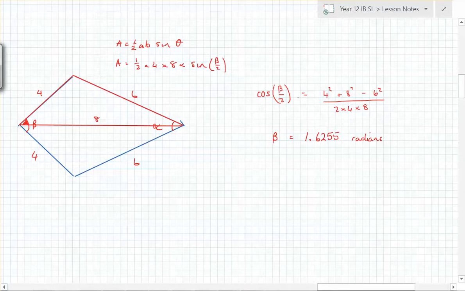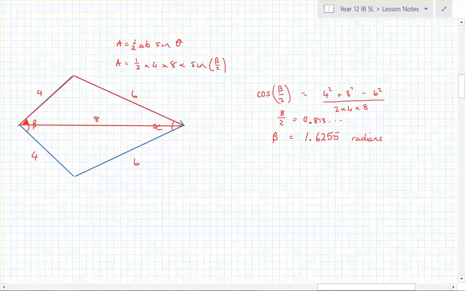Cos to the minus 1 gives you beta over 2, which is 0.813 rounded. When you multiply by 2, you get 1.6255 radians.